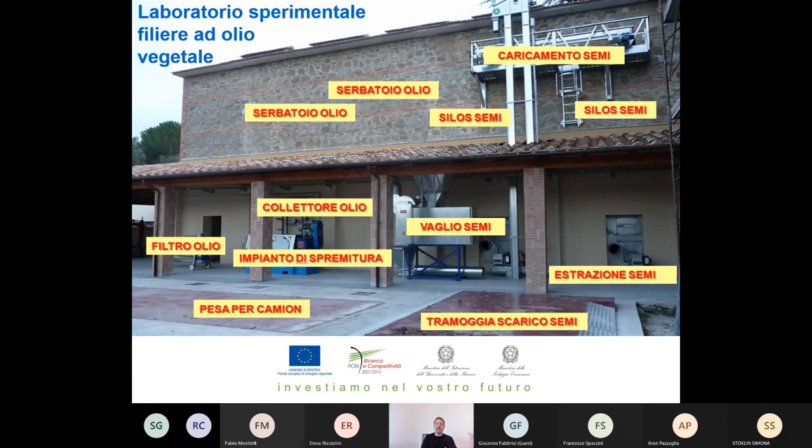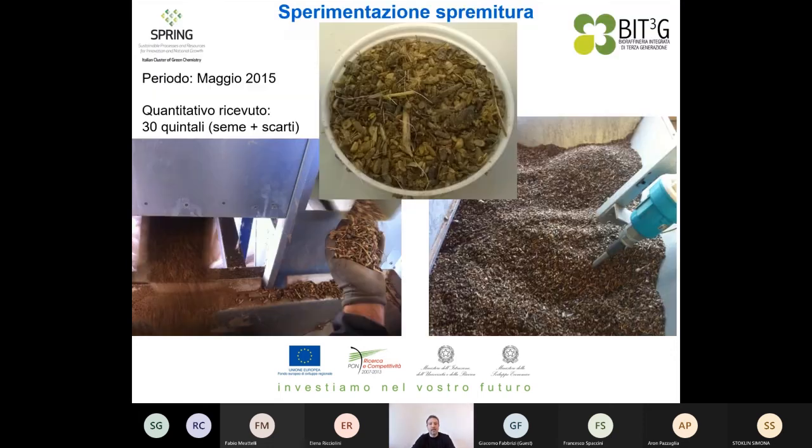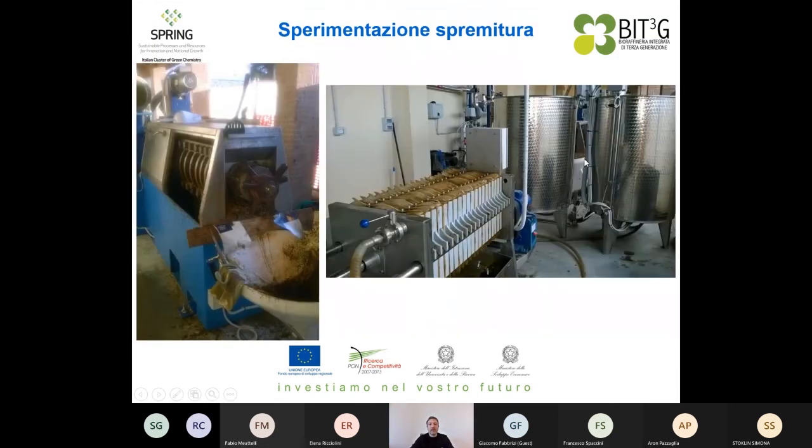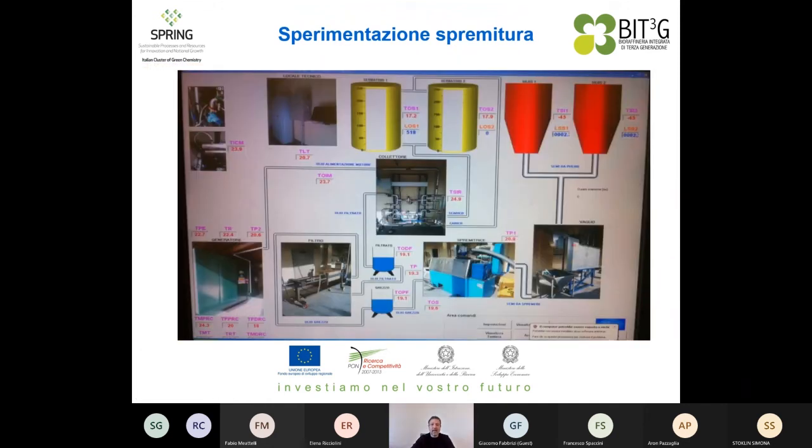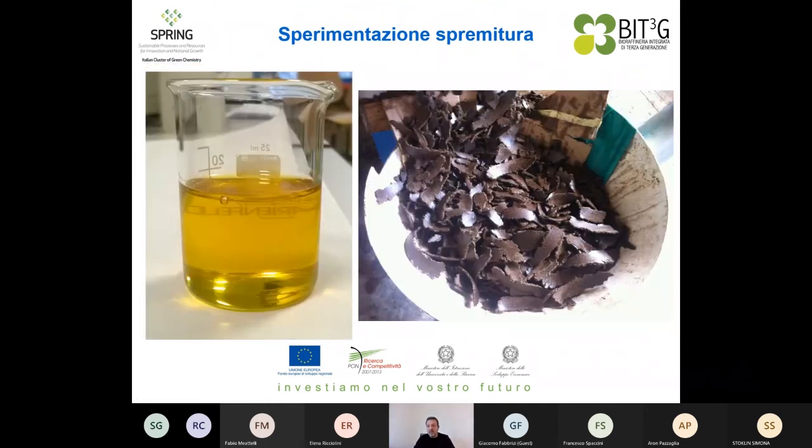We gathered information about the seeds, the system for the milling, the analysis, and the residue from seed milling, which is this panel that has been tested with our cows for cow feeding.